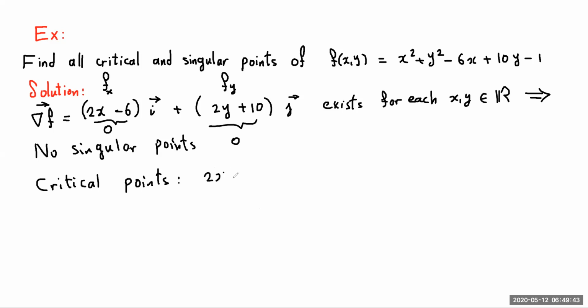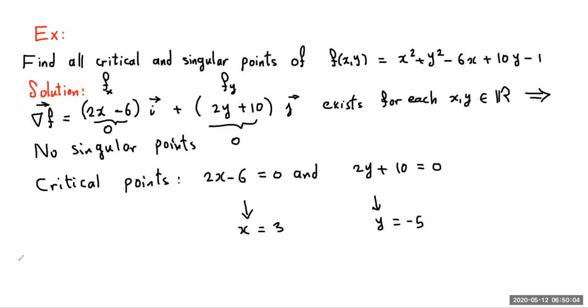So we will have 2x minus 6 equal 0 and 2y plus 10 equal 0. So we will have from here x equal 3, from here y equal minus 5. So we have one critical point. So the point (3, -5) is the critical point.